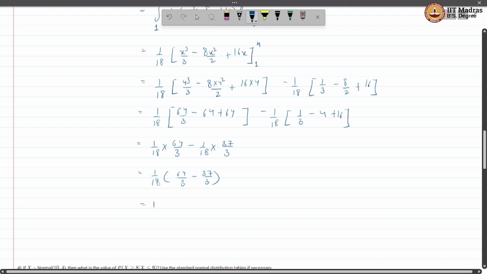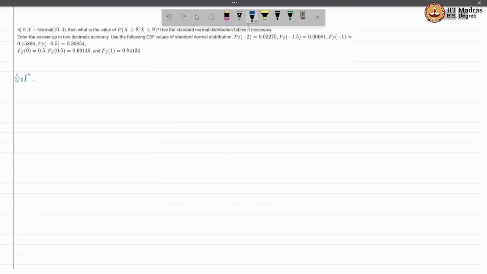And on further simplification, this is equal to 1 by 18 into 27 by 3, and this is equal to 1 by 18 into 9, which is 0.5, and this is the required answer.